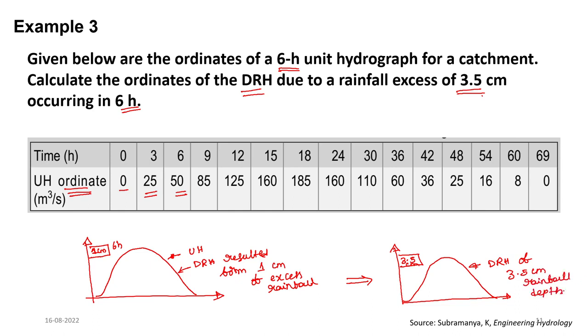As I have shown in the previous slide, we make the assumption that these are linearly associated, that is x1(t) and y1(t). Suppose this is the hydrograph for 1 centimeter. Then for 3.5 centimeter, how much will it be? All the ordinates will simply be multiplied by 3.5.